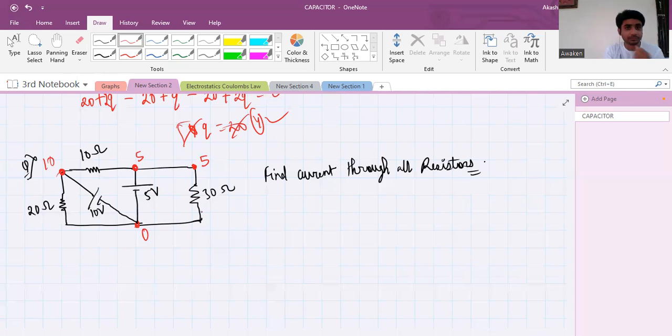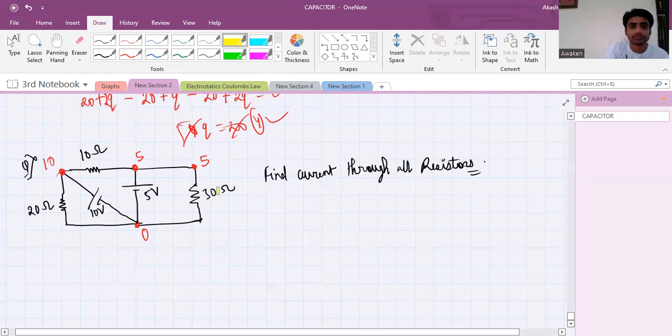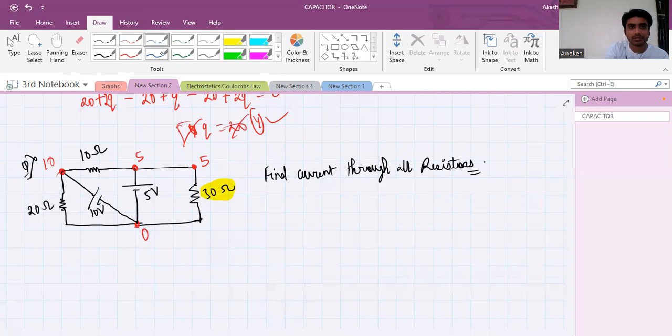V equals IR, so V by R, 5 by 30, 1 by 6 amperes.